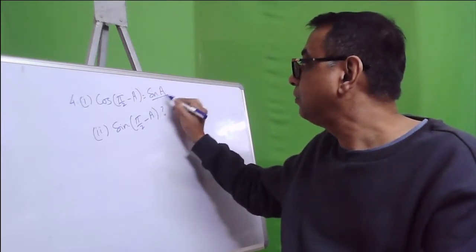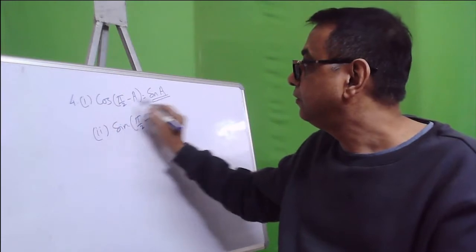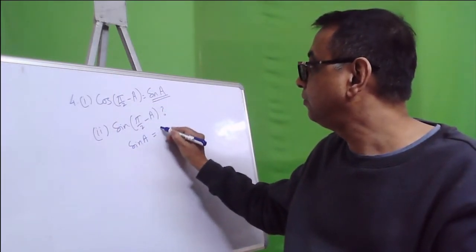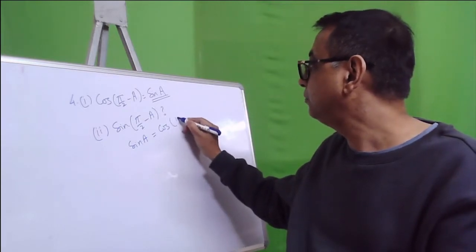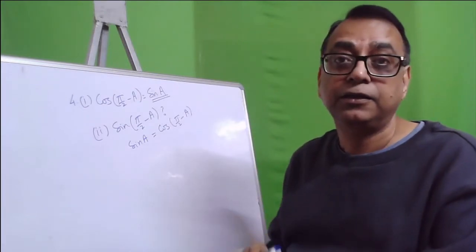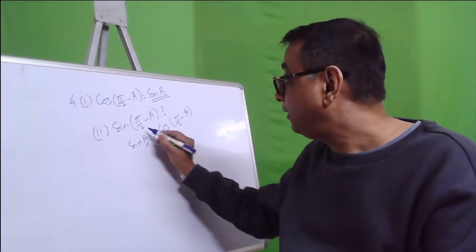Now, let us look at this. This shows sin of A is equal to cos of pi by 2 minus A, right?